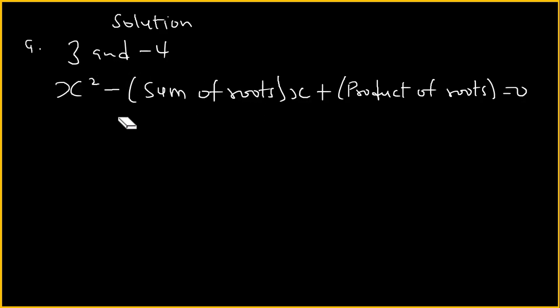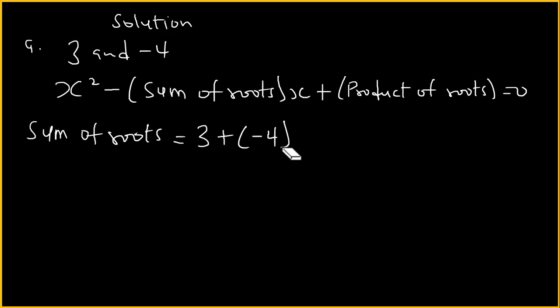So our sum of roots is equal to summing up these roots, which is 3 plus, into brackets, -4. 3 plus and then the negative sign, so the negative sign dominates -4, and our result is -1 for the sum.